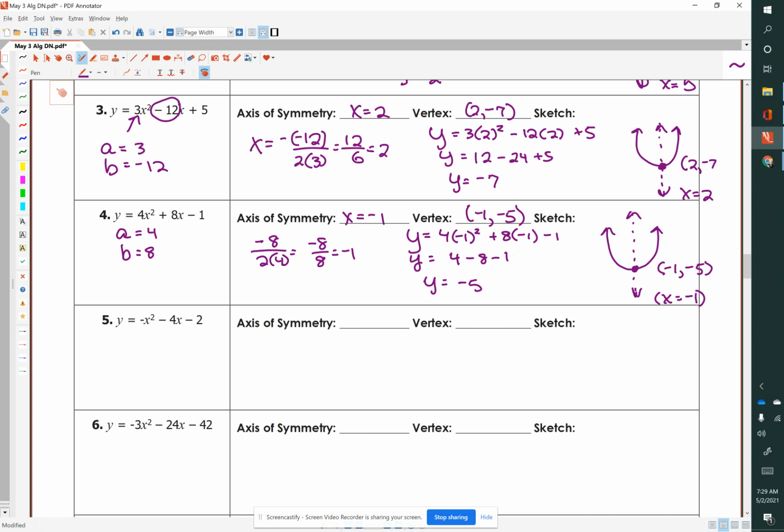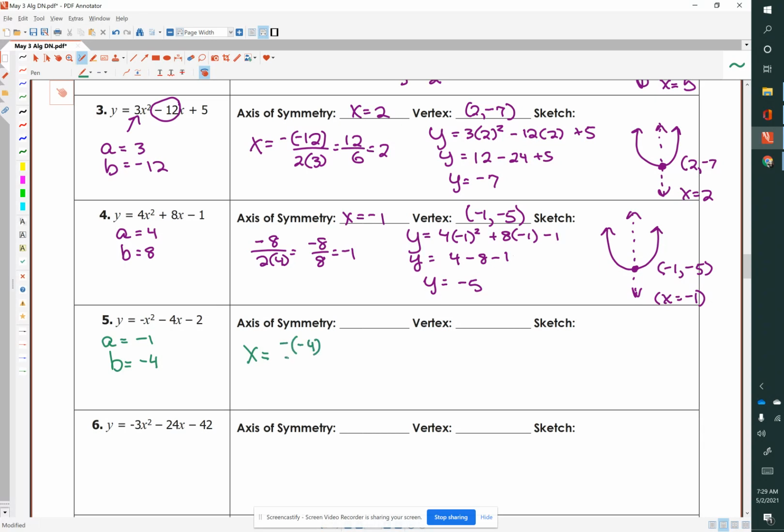Okay, let's change our color and move on to number 5. Our a value is negative 1, so this is a downward facing parabola. Our b value is negative 4. So x equals, first the axis of symmetry. Be careful with the negative signs.